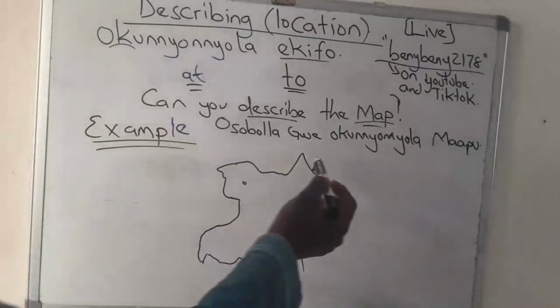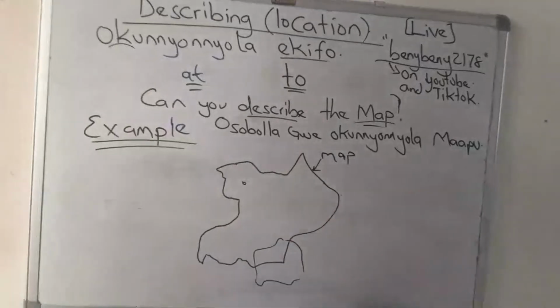Are we together? In English we call this a map.